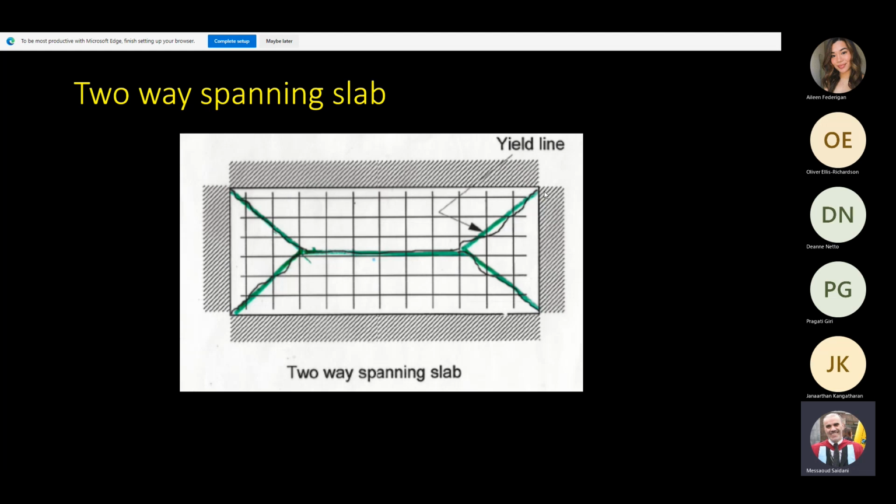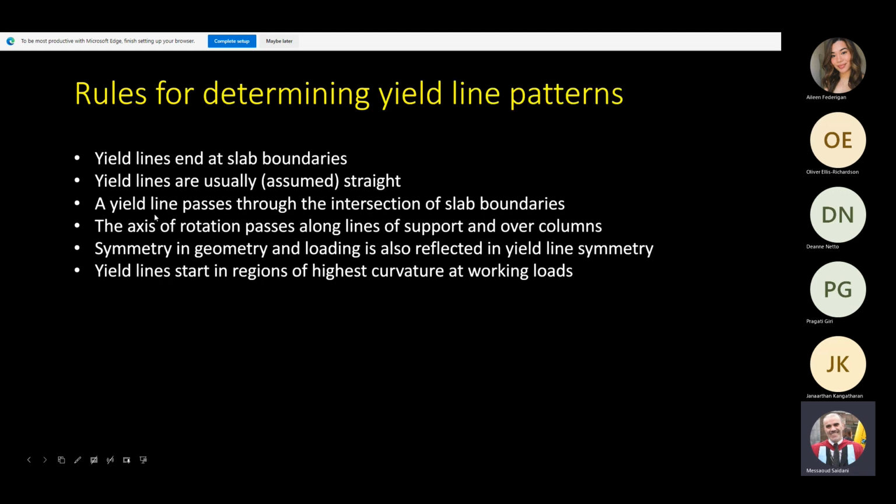Agreed? Because you remember the deflection is out of plane here. So this region rotates about this axis. For this triangle, the axis of rotation is this one. Clear? Okay? And this is why it says here, the axis of rotation passes along lines of support.